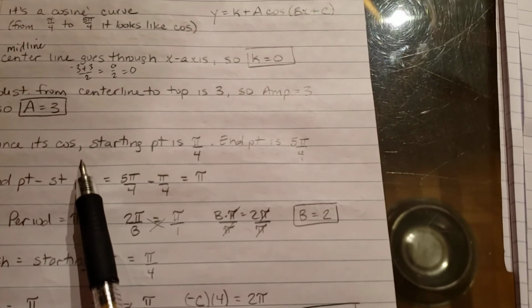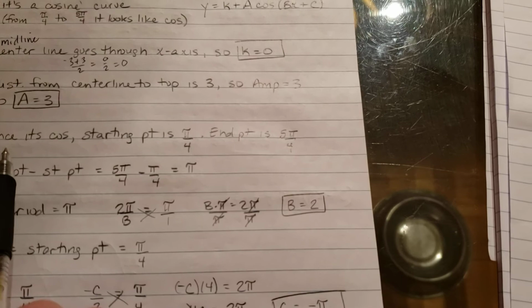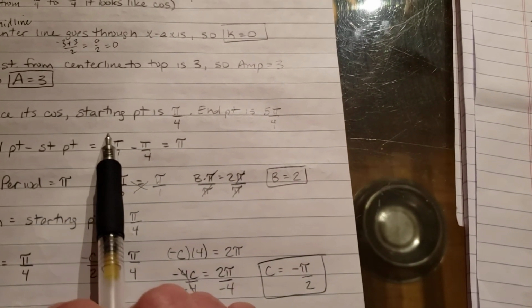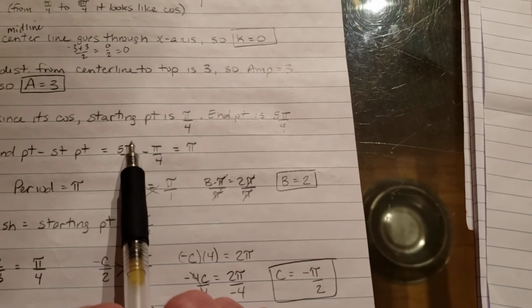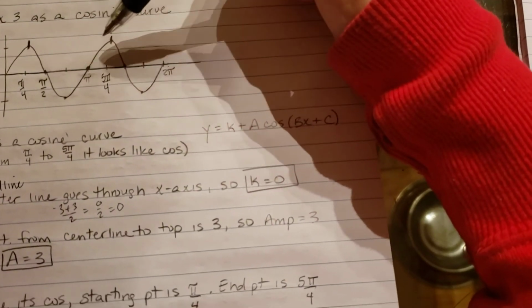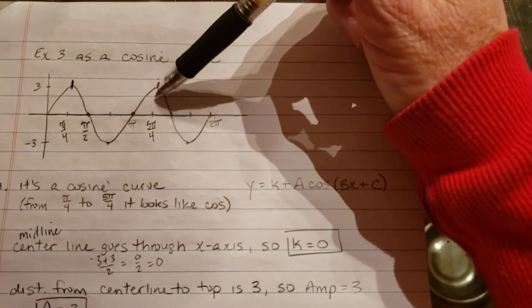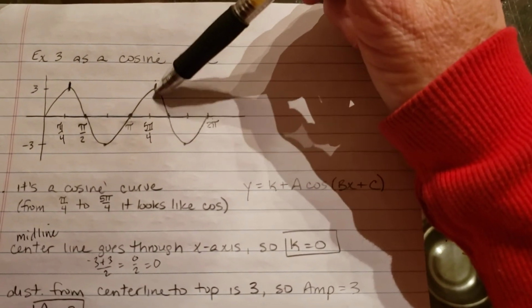For step 4, step 4 is calculating the period, looking at the graph to find the period, and then using the formula for the period. Okay, so for any graph, the period is the ending point minus the starting point. For this graph, if we're thinking of it as a cosine curve, the ending point is at 5 pi fourths for one period.